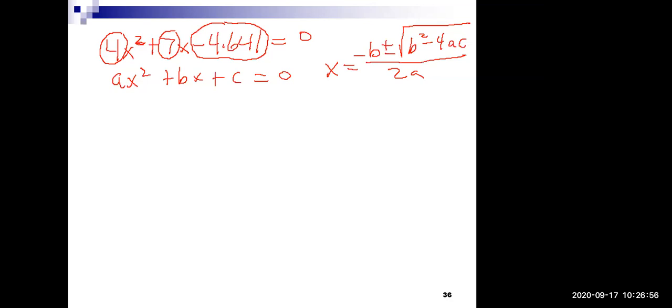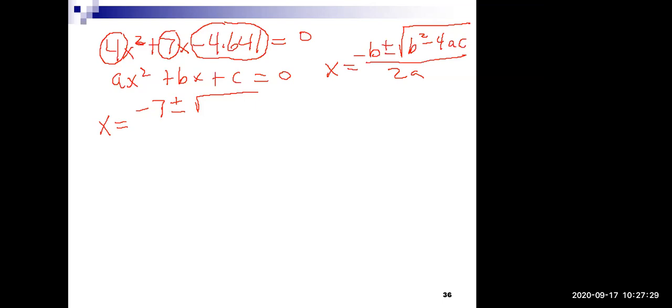So that means that x will equal minus b, which in this case is minus 7, plus or minus the square root. And I'm going to clean up all the numbers inside. So I'm going to take my b and square it, which is 7 squared, minus 4 times a, which is 4, times c, which is minus 4.641.